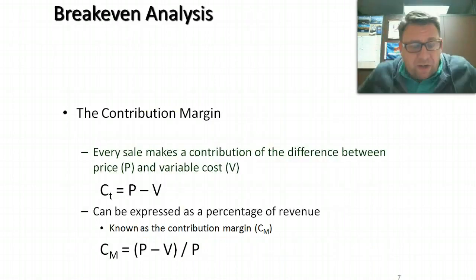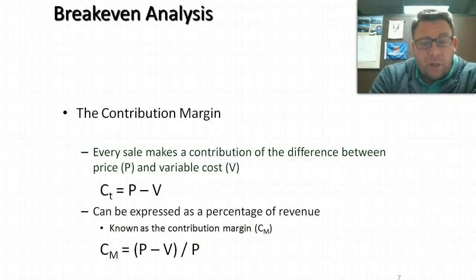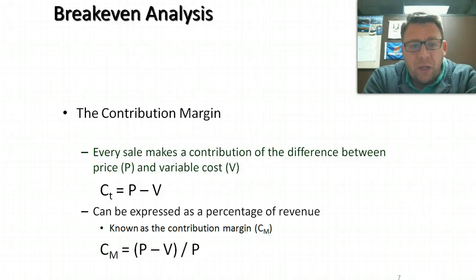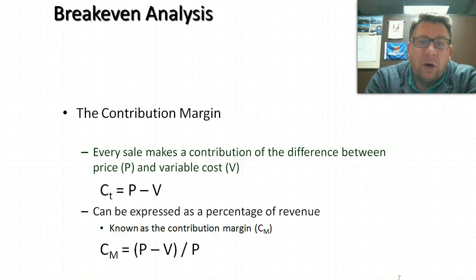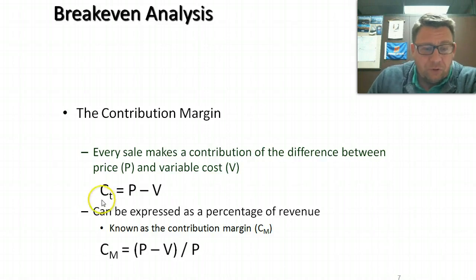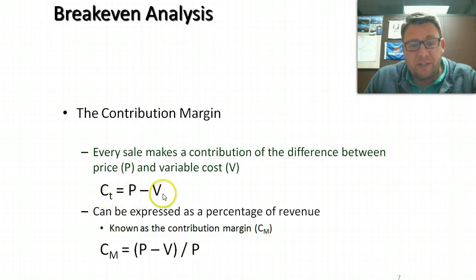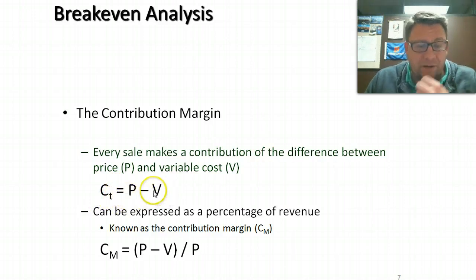Break-even analysis, the way we commonly do it, is using the contribution margin. The contribution margin is the difference between our sales price and our variable costs. There's a couple ways we can do this.